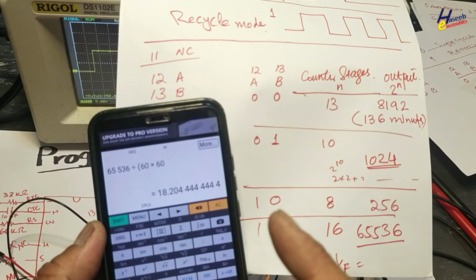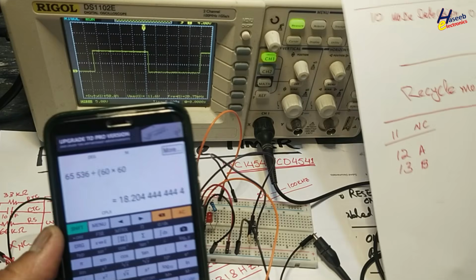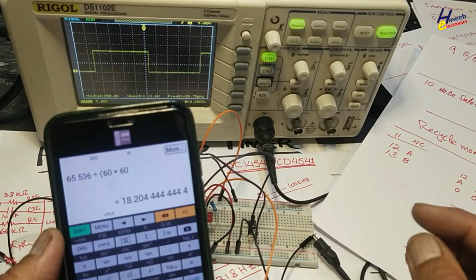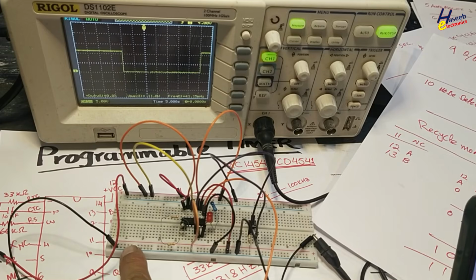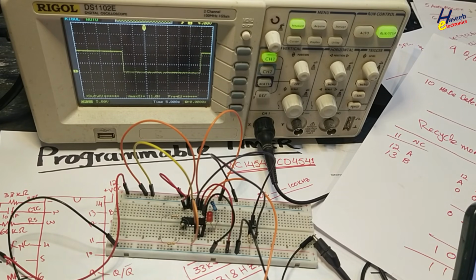If you will provide 1 Hertz frequency at input, this IC will provide output after 18 hours. This time we are providing 1.3 kilohertz frequency, so we are taking this output. So this is amazing timer.